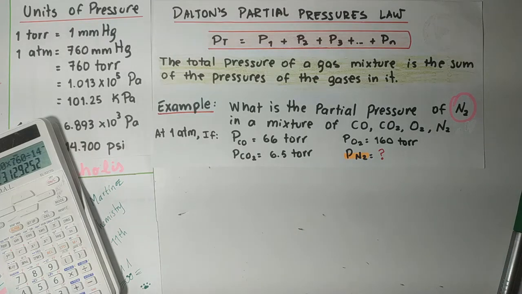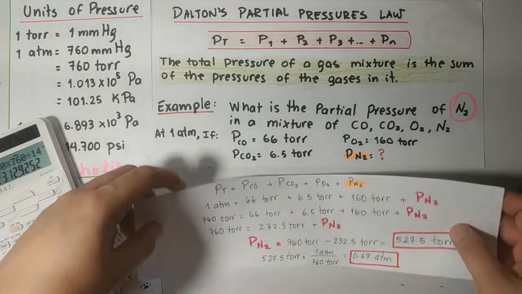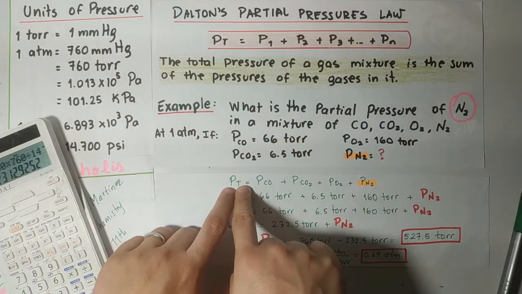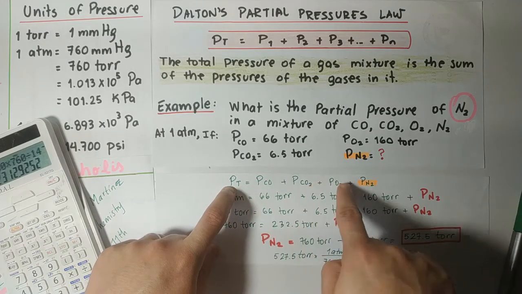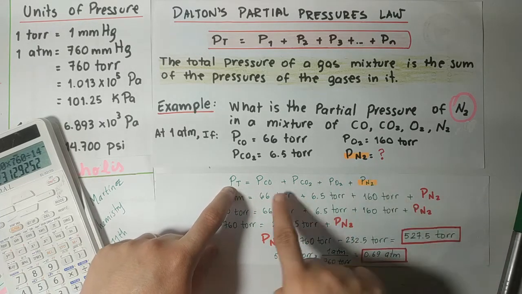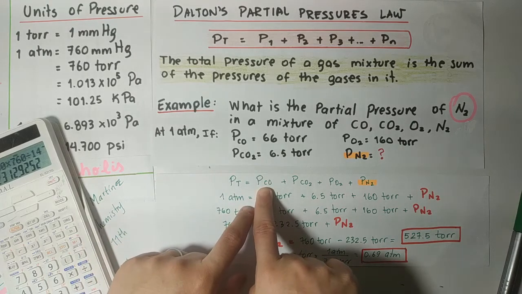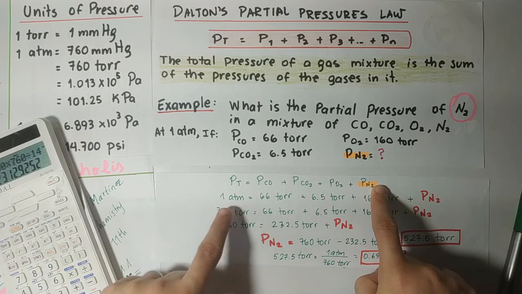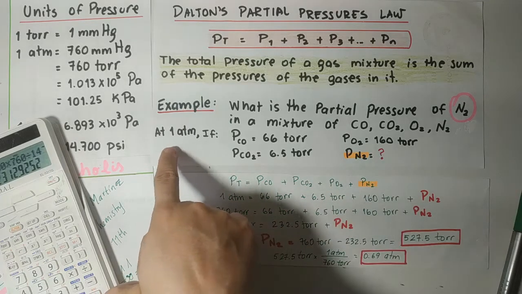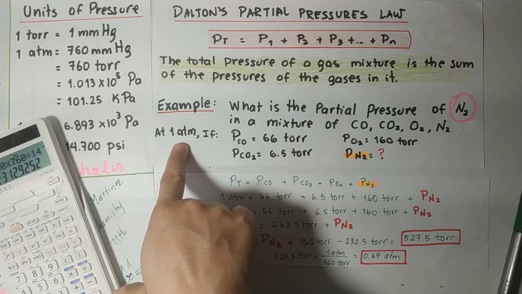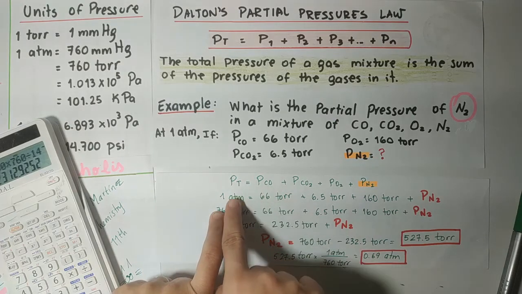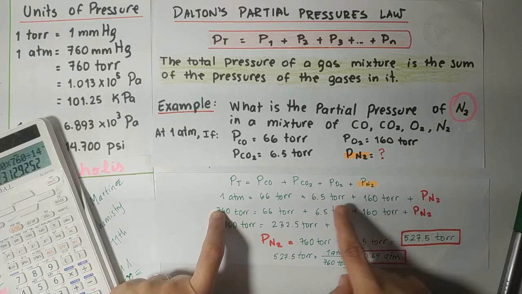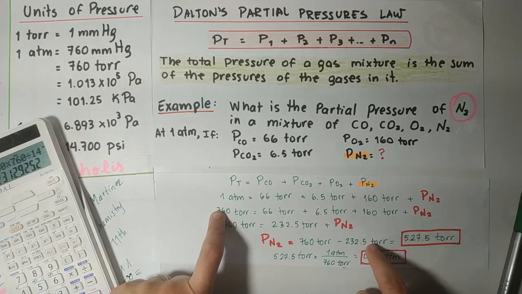So by definition, Dalton's partial pressure is the total pressure, the sum of the individual pressures. In this case, I have carbon monoxide, carbon dioxide, oxygen, and my unknown, which is nitrogen. So remember, the total pressure is 1 atm. It's a given.